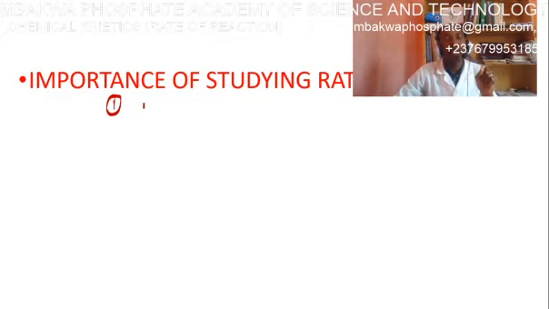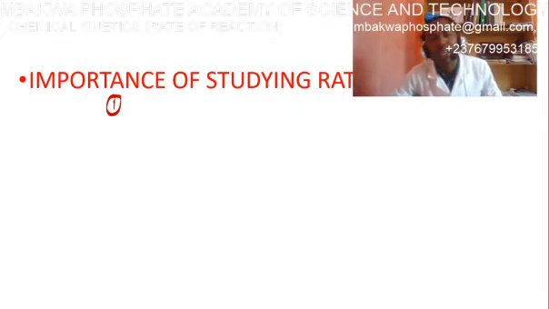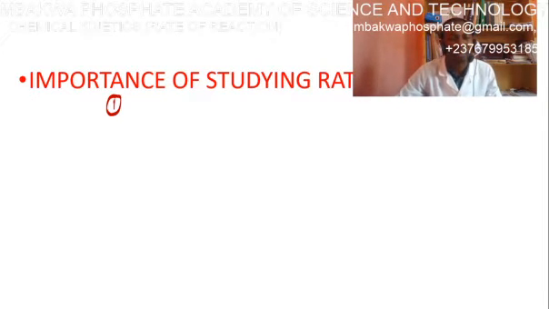Studying the rate of a chemical reaction will help the industrial chemist to obtain a good yield of product in the shortest possible time. Meaning that an industrial chemist will go to the laboratory or an industry and will try to study the rate of chemical reactions, and the purpose is that it wants to get a good yield.